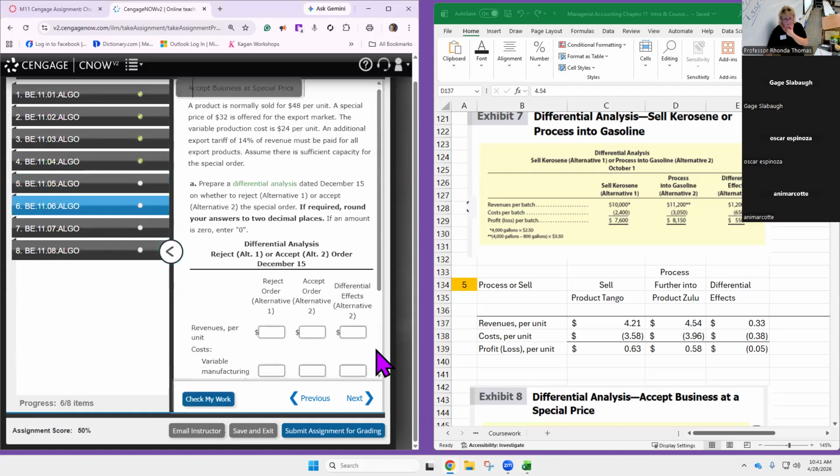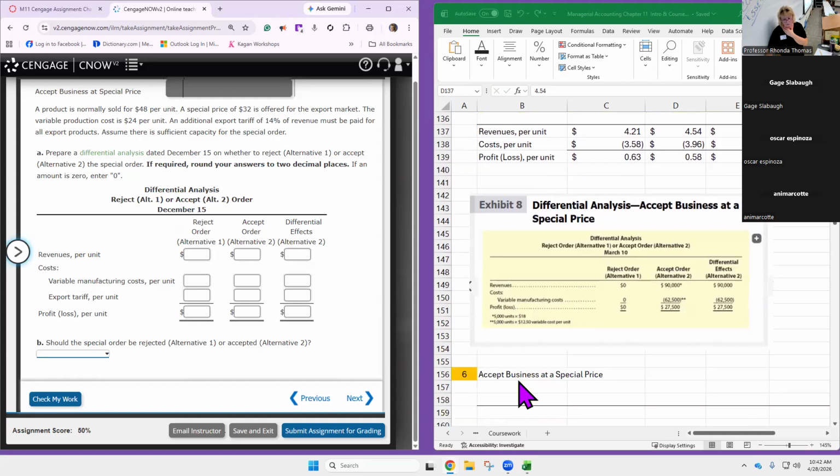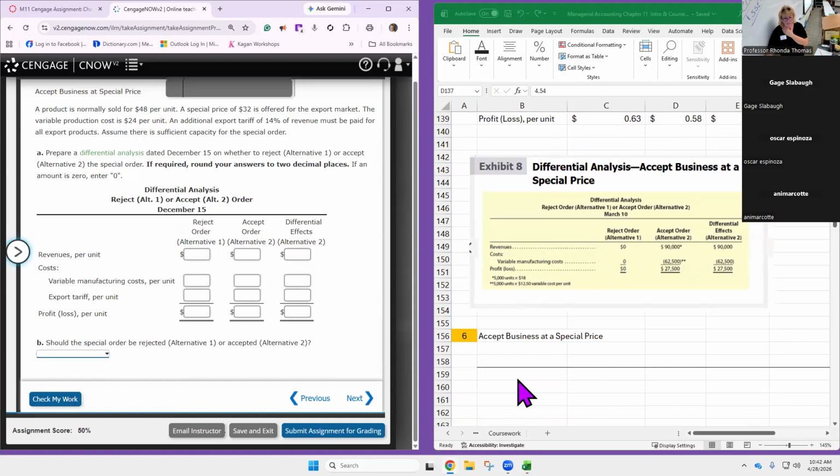Now we're going to do the last differential. This is to reject or accept a special order. Okay, special order. So you've got a nonprofit calling, wanting to buy your product at a much lower sales price. Let's see what they tell us here.